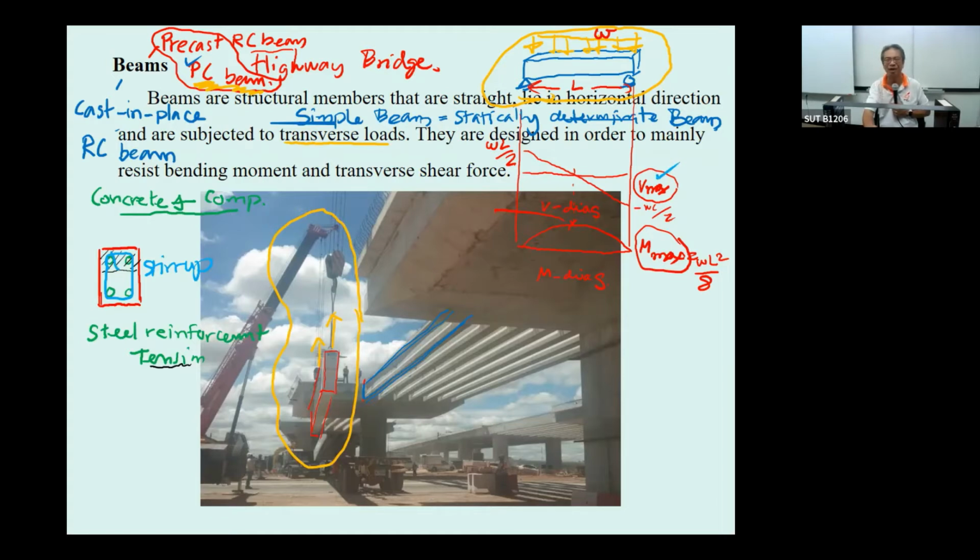Okay, so when you design the reinforced concrete beam, or even when you design the prestressed concrete beam, you're going to find the size of the section first. What is going to be approximately the B? What is going to be approximately the H? Most of the time we use experience to set it up.